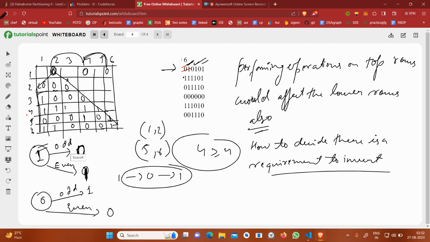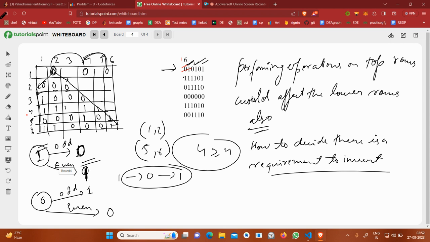Suppose it is 1, and I have applied an even number of operations, meaning till now there was an even number of inversions to that cell because of the impacts of the cells which I have inverted till now.